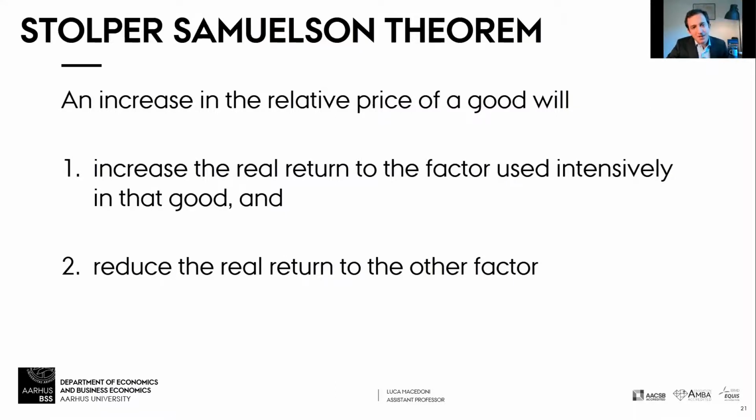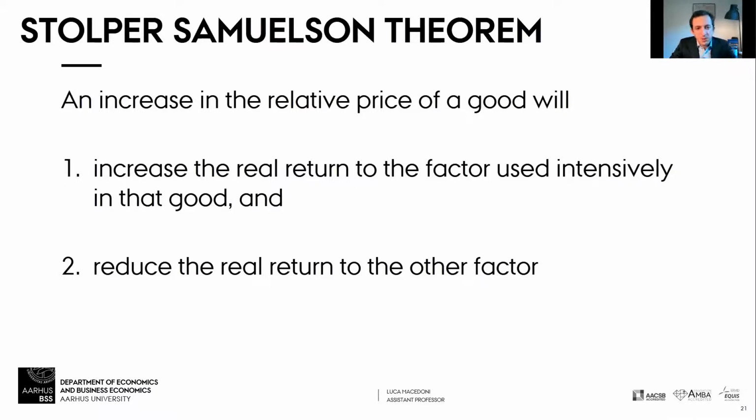However, an increase in the relative price of the good will reduce the real return to the other factor. So if the price of the labor intensive good increases, capital will lose, right? Because the real rental rate on capital will be lower. So capital owners can only buy fewer units of good 1 and of good 2.